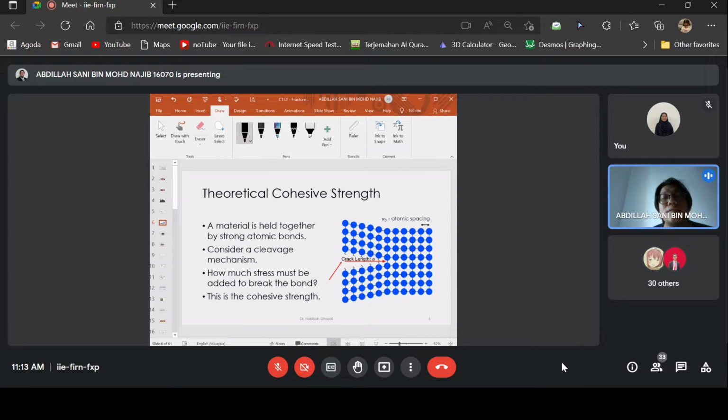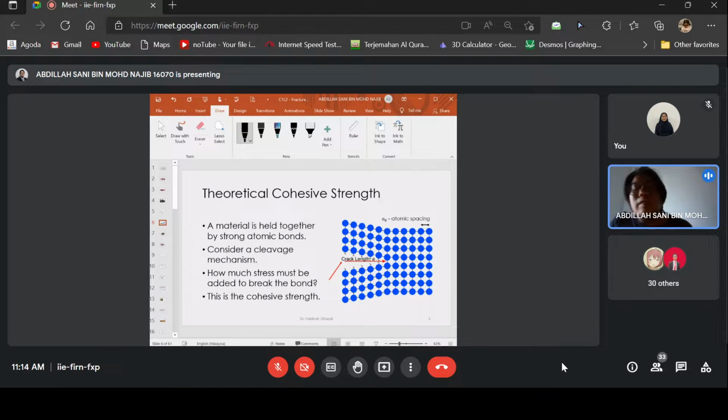And we have touched a little bit on the theoretical cohesive strength. Today I'm just going to repeat this, because last time there was a time constraint.